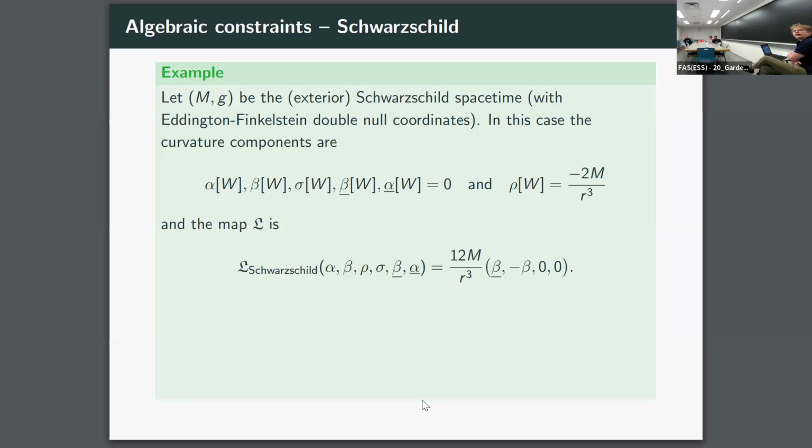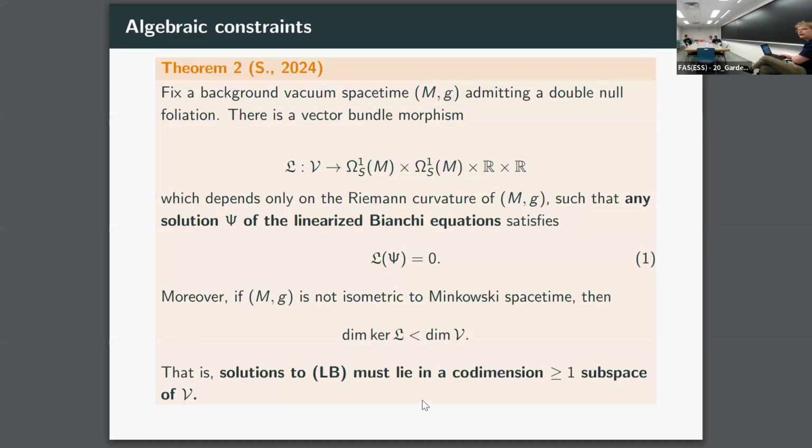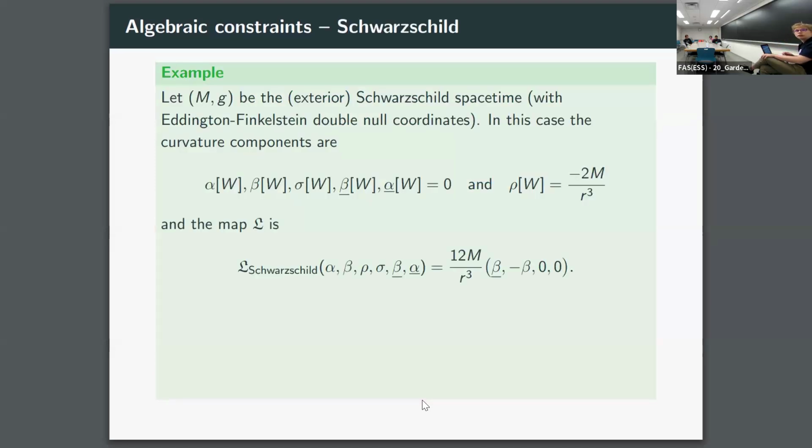And the map L then can be very explicitly written down. I do want to mention that this L, in general, can be written down explicitly. It takes half a slide, but it's not an abstract map. It's a very explicit computable thing. And in my paper, it's written down. In the Schwarzschild case, it's very simple, very explicit.